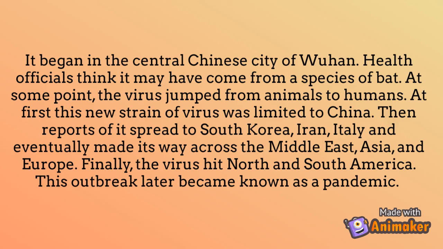Then, reports of it spread to South Korea, Iran, Italy, and eventually made its way across the Middle East, Asia, and Europe. Finally, the virus hit North and South America. This outbreak later became known as a pandemic.